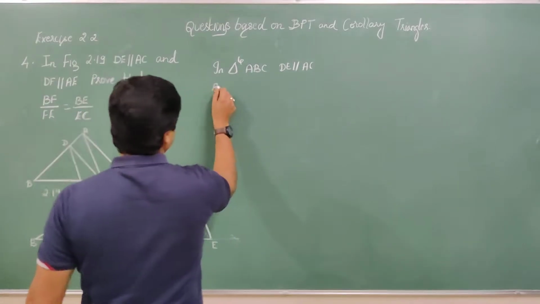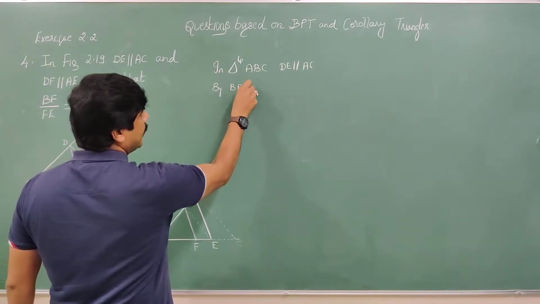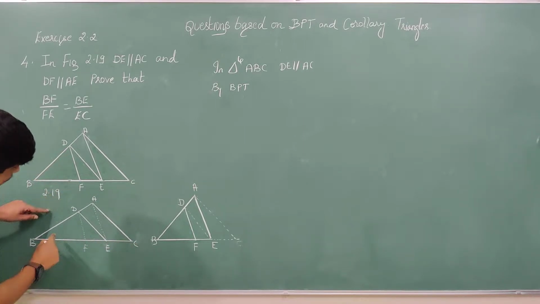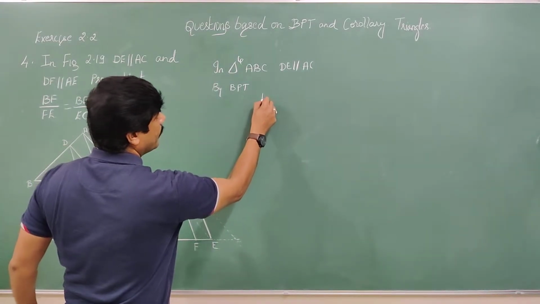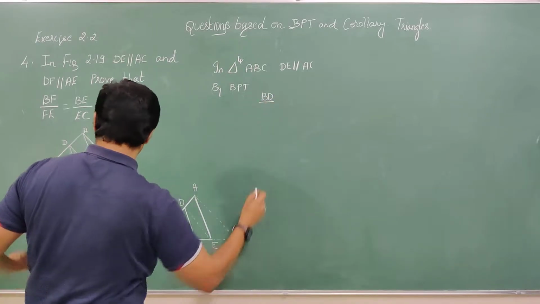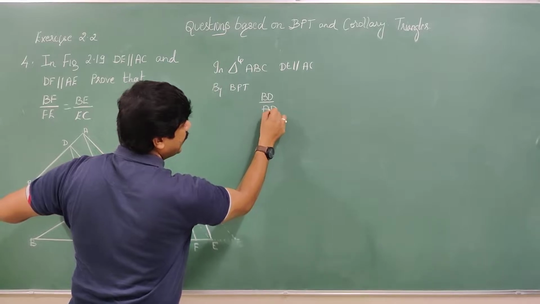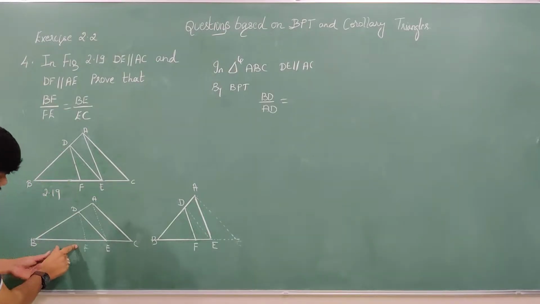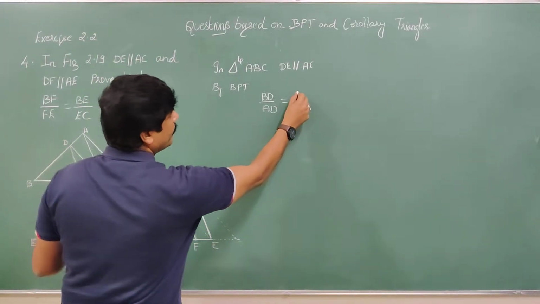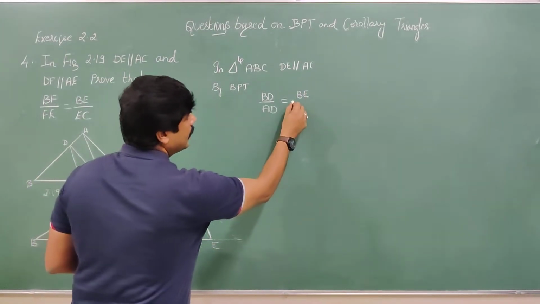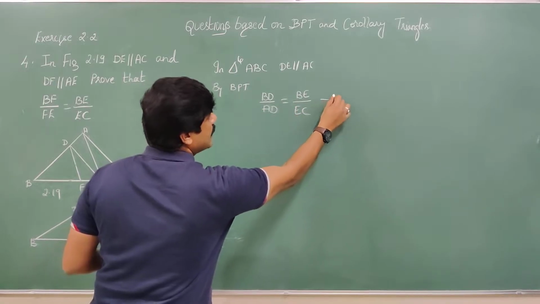By BPT, this line divides the other two sides in equal ratio. That is, BD by AD is equal to BE by EC. Mark this as 1.